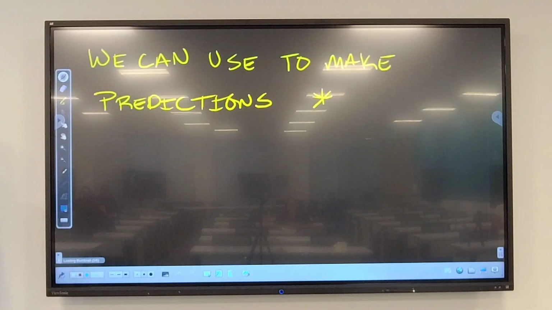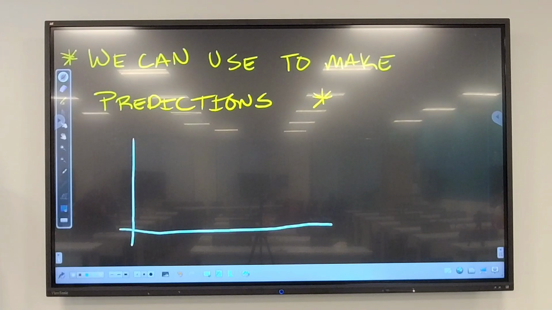However, the best fit line will not always be the best predictor. It is just a predictor. And here is a case where it would be a bad one. Maybe I have a data set that is all mixed up.